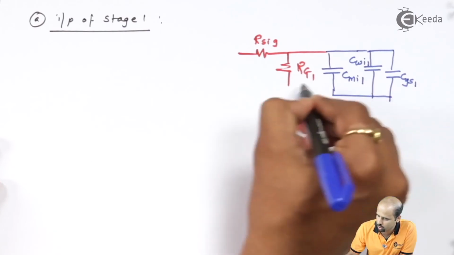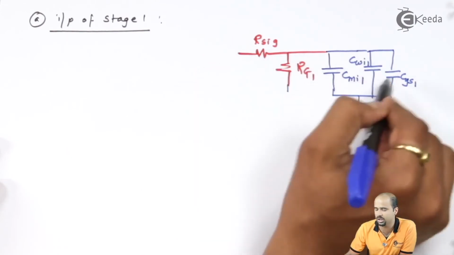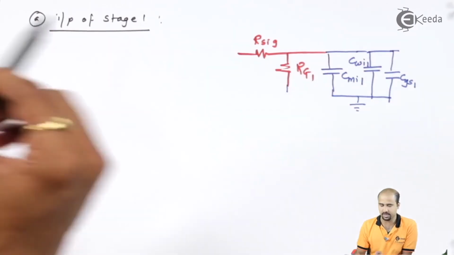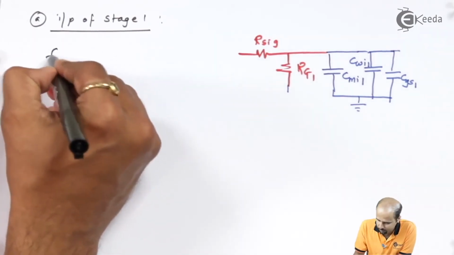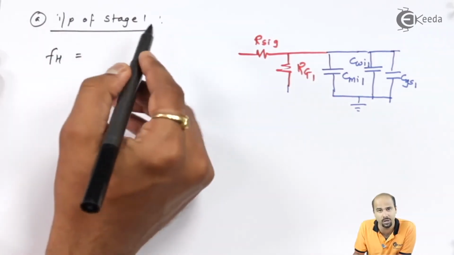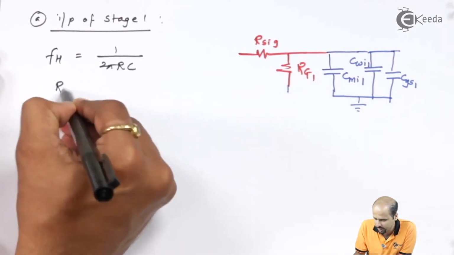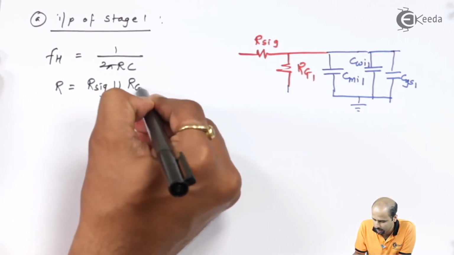Here I can say that this is nothing but an RC circuit with 3 capacitances connected in parallel, and RG1 and RS1 connected in parallel. So directly I will write the fundamental formula for frequency: 1 upon 2 pi RC. What will be the value of R? R is nothing but R signal parallel to RG1.